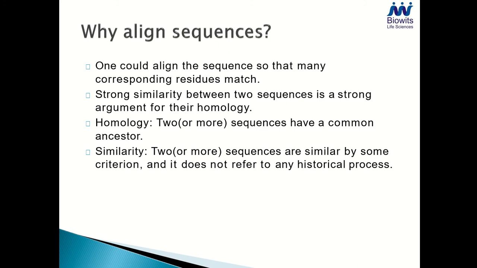If they are the same and they align, automatically, this is a strong argument for homology. Okay? And then, when we say homology, that means two or more sequences have a common ancestor. So if we're talking about evolution, if we want to trace the ancestor, the origin of, let's say, these animals, we wanted to know where they actually meet, no? Where is that intersection? So we are going to trace the alignment.